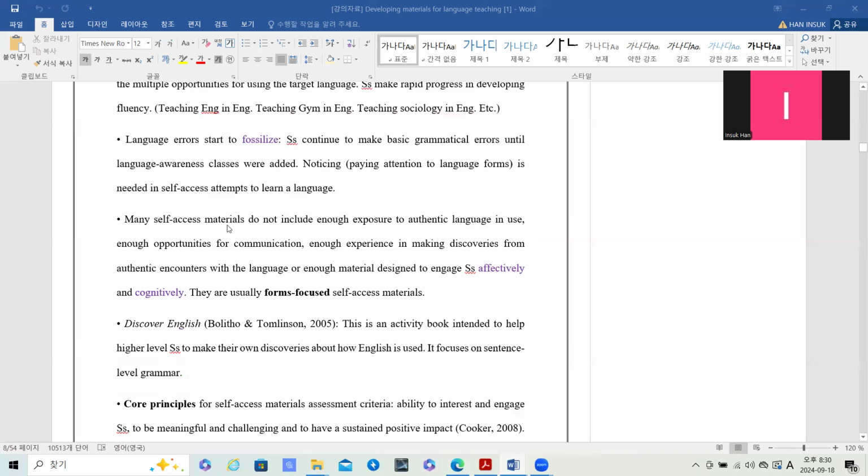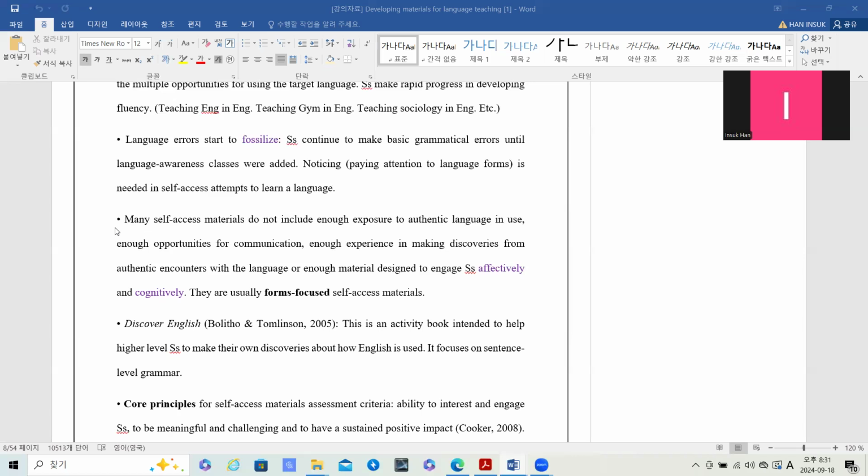Many self-access materials do not include enough exposure to authentic language news, enough opportunities for communication, enough experience in making discoveries from authentic encounters with the language, or enough materials designed to engage students effectively and cognitively.